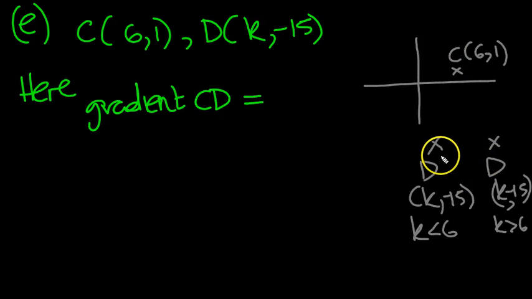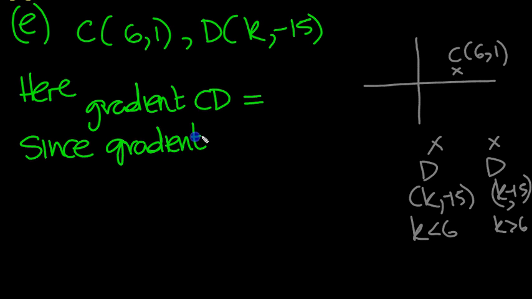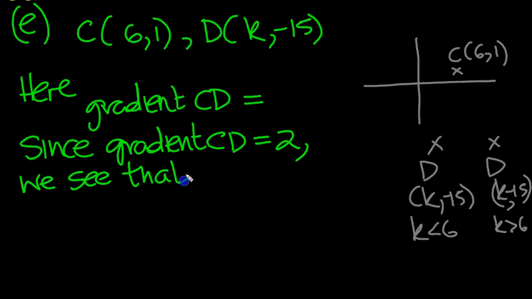Now we're told the gradient of CD equals 2, so clearly, since the gradient is 2, we see that K must be less than 6.